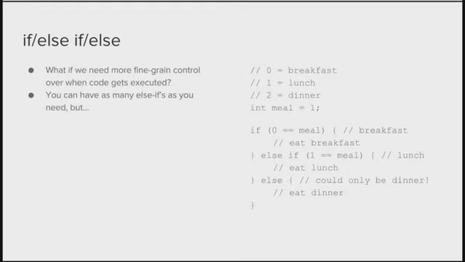So I would say if 0 equals meal, and then if hungry, then eat breakfast. You could have them inside of each other. There's a limit to how deep you can go, I think, but it's nothing you'd ever hit without malicious intent. But it's also bad. You don't want to be doing that. If you start having nested if statements, it's a sign that you're doing something wrong. You should stop, put your hands down, and think about what you're doing.